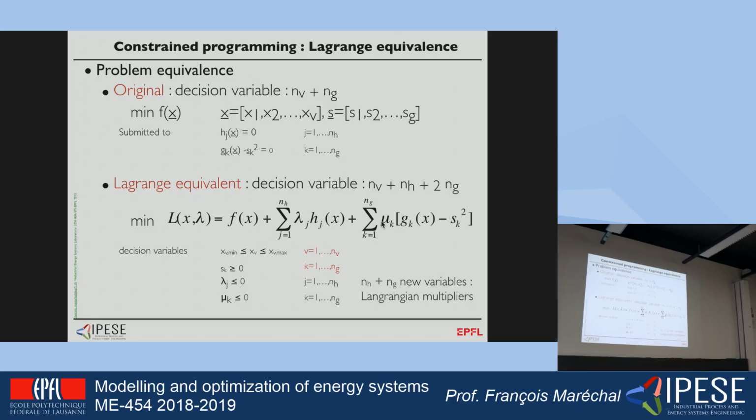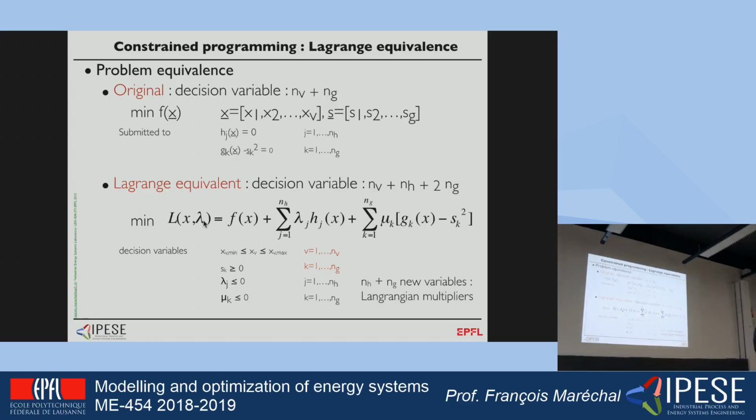So what does it mean? It means that Lagrange has added one multiplier variable per each equality equation that is considered in the system. So now I'm increasing the number of variables that need to be found by the optimization.